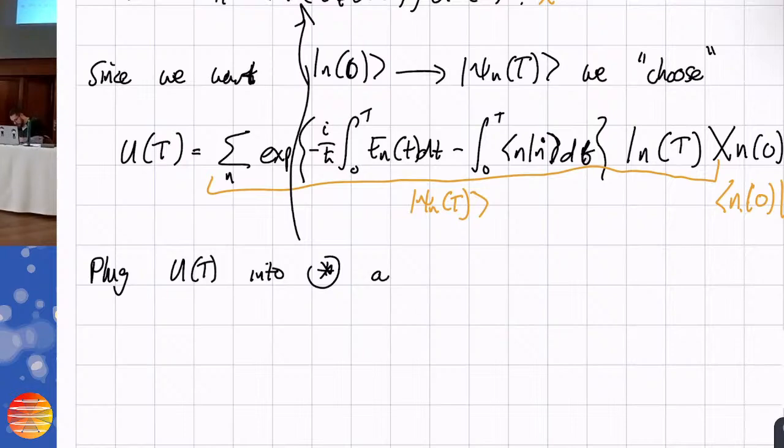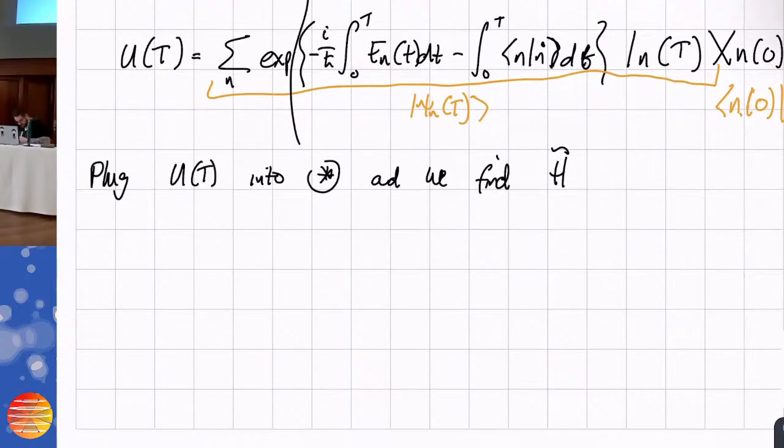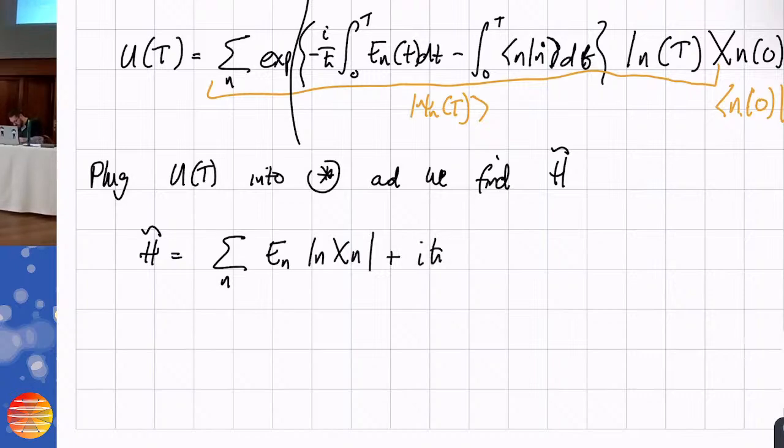And we find that this H tilde is a sum over n of E_n |n><n| plus i h bar sum over n of |n dot><n| minus <n dot|n>|n><n|.